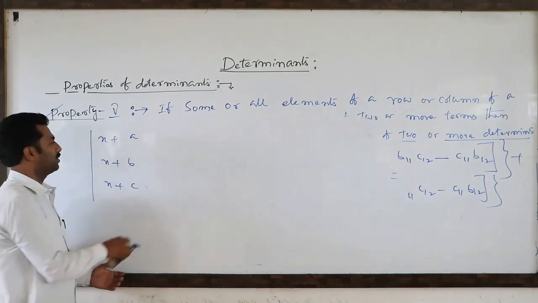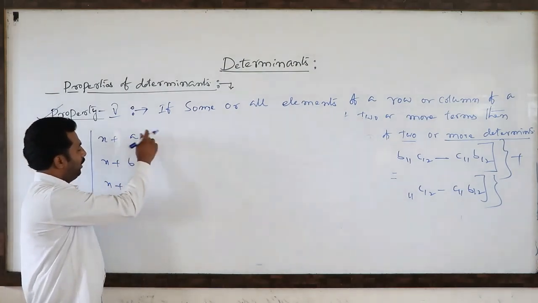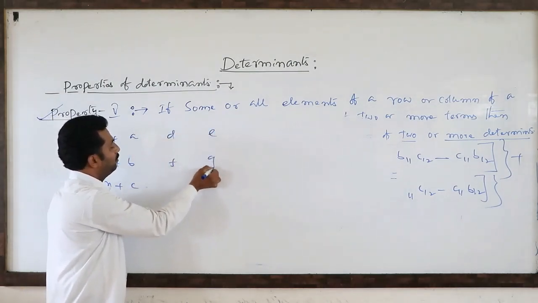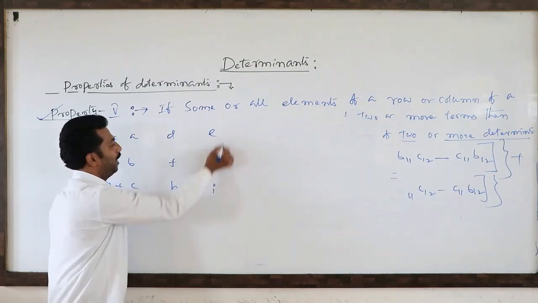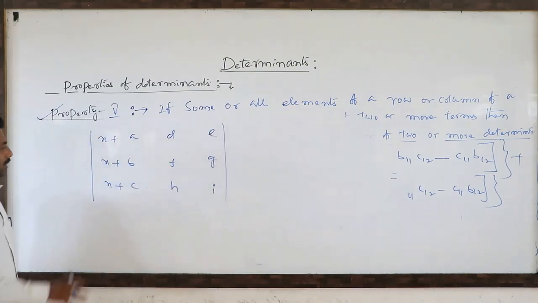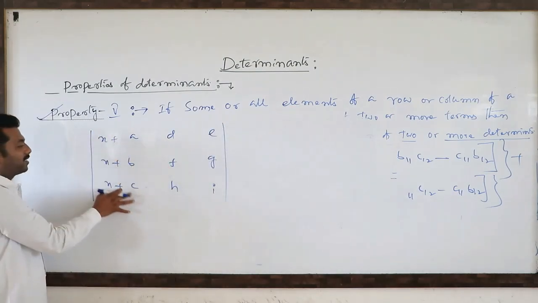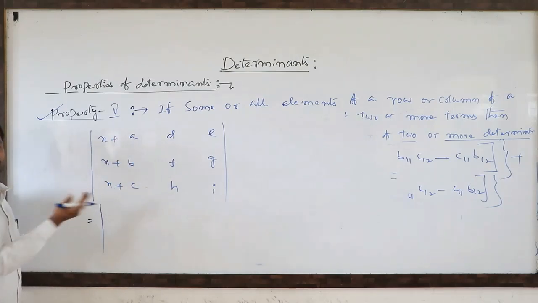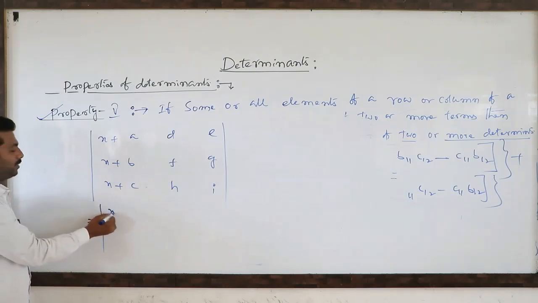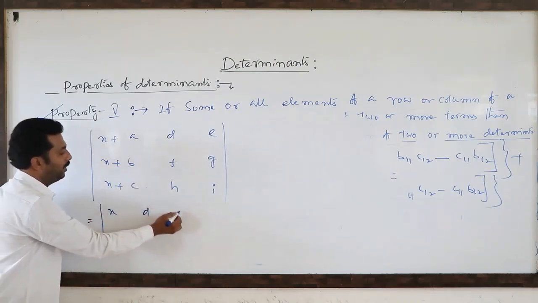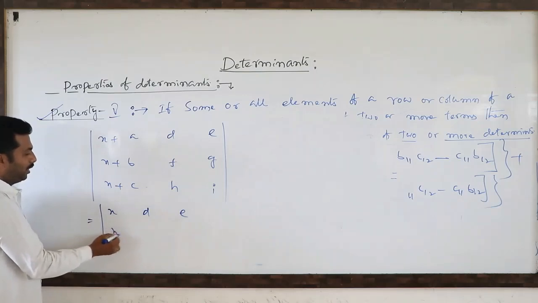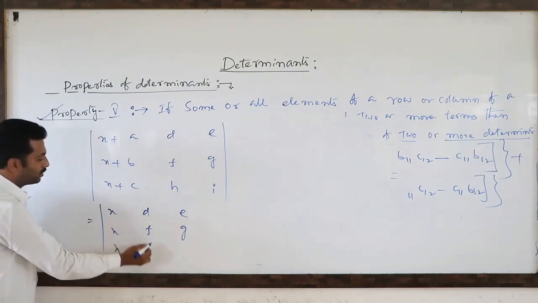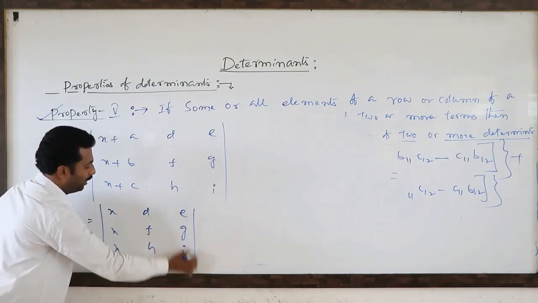Enough, two terms. Then A, B, C, D, E, F, G, H, I. The first column elements are expressed as sum of two terms, so this determinant can be expressed as sum of two determinants. How to express? X, D, E, X, F, G, X, H, I.